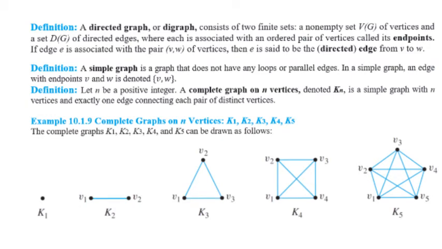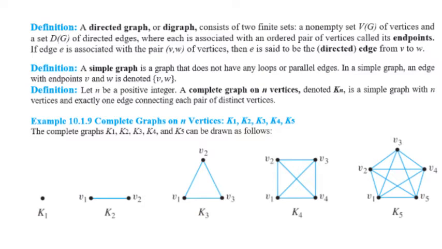The first set is a non-empty set called V of G, which is the set of vertices of a graph, and a set D of G, which is the set of directed edges of the graph, where each is associated with an ordered pair of vertices called its endpoints.